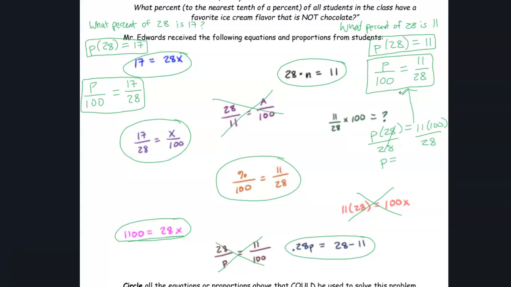So what I would end up with is 11 times 100, and then take that and divide it by 28. But you would actually get the same thing if you did the division first, 11 divided by 28, and then multiplied by 100. So that's essentially what they did, they did the division first instead of the multiplication, and that's perfectly fine. You get the same answer as long as it's all multiplication and division. So that one does work.